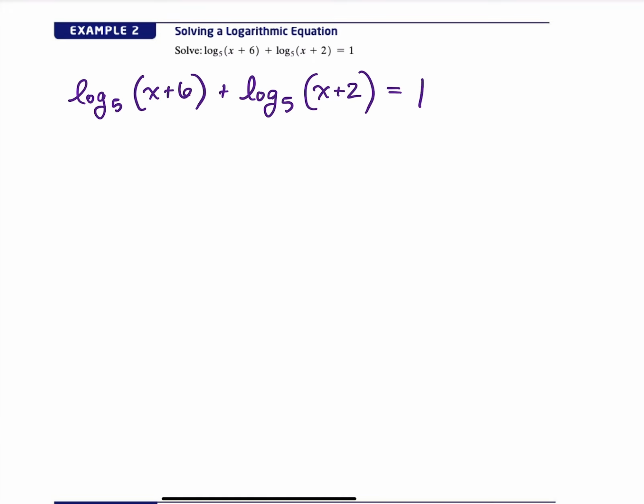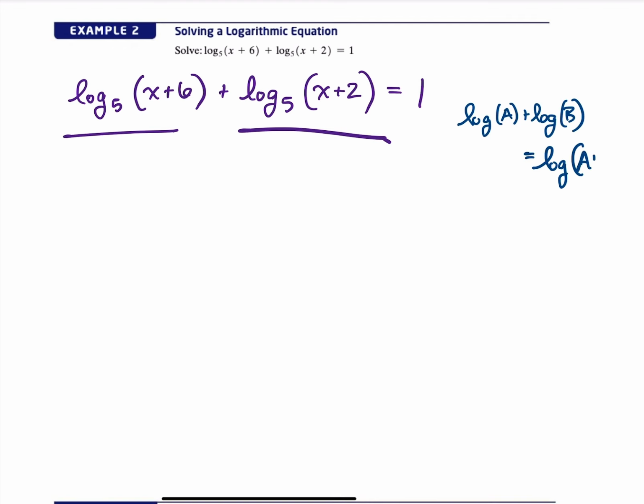Well, let's recall that if we have an addition of two logarithms with the same base, we can combine it into a multiplication. If we have log of a plus log of b, and I'm just writing log, we can imply base 10, basically just saying that the base is the same. This is equal to log of a times b. We can bring them together. That will at least condense things for us.